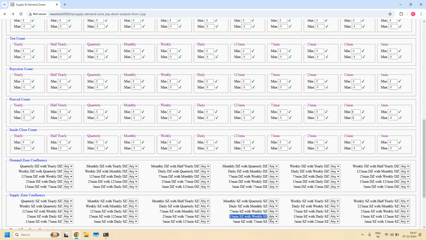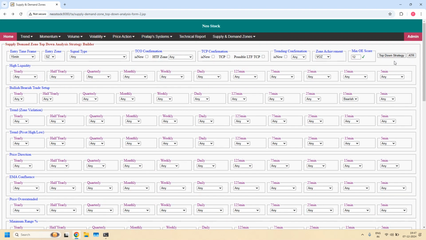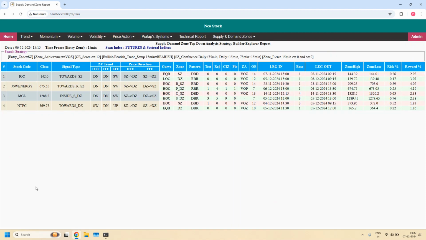Next filter is 15-minute supply zone with daily supply zone confluence, because daily is HTF. And 75-minute supply zone with daily supply zone confluence. With all the three filters, LTF, ITF, HTF supply zone confluence, we got all 4 stocks.